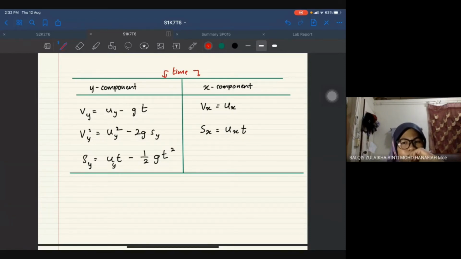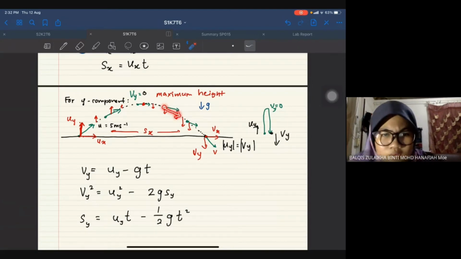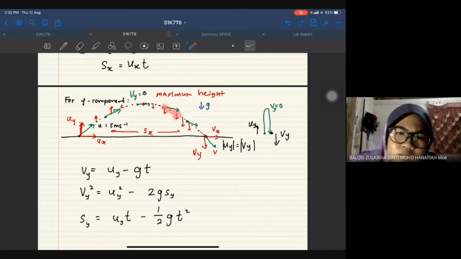Okay, if we go back to our situation, contohnya katakanlah soalan dia nak cari dekat sini velocity dia berapa. Can you guys see this one? Yes, okay, good. Okay, dekat position ni katakan kamu dah kira dia punya Vy, dah dapat jawapan lah Vy.